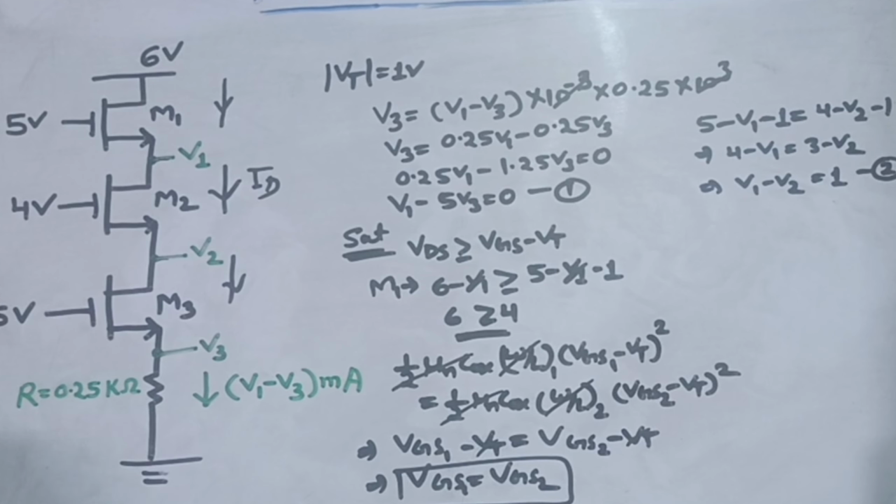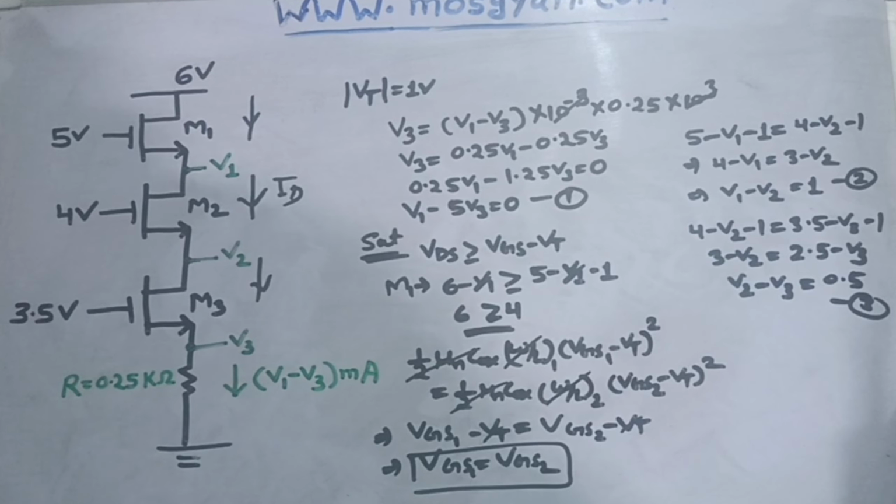Now I will get 3 minus V2 should be equal to 2.5 minus V3. So I can write it as V2 minus V3, I have brought this term on the right hand side. So V2 minus V3 should be equal to 0.5. This is my equation number 3, right?